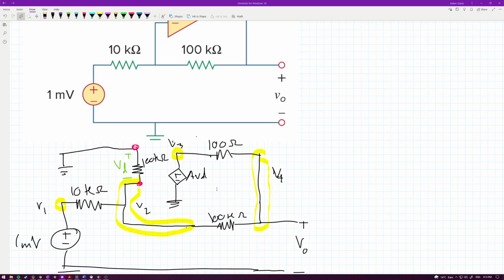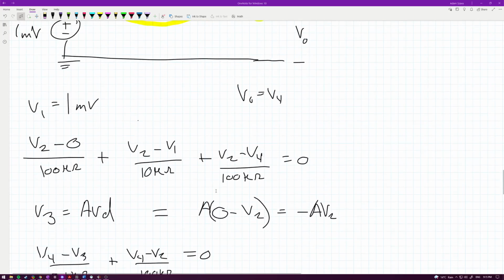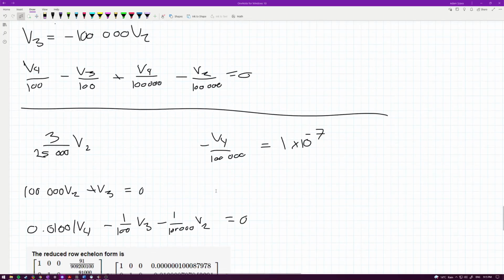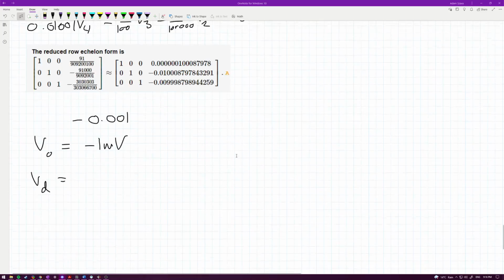So VD. What'd you get for VO? VO was -1 millivolt. Oh, -10 millivolts. Did I get the same thing? Yeah, I got the same thing, I just wrote it wrong.